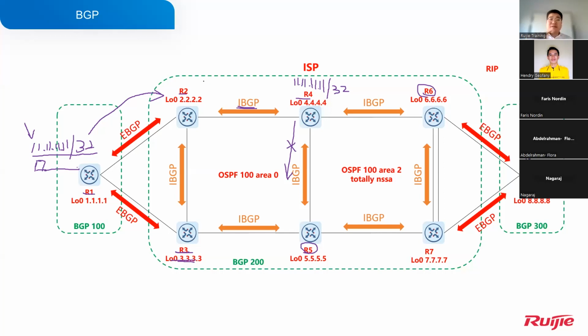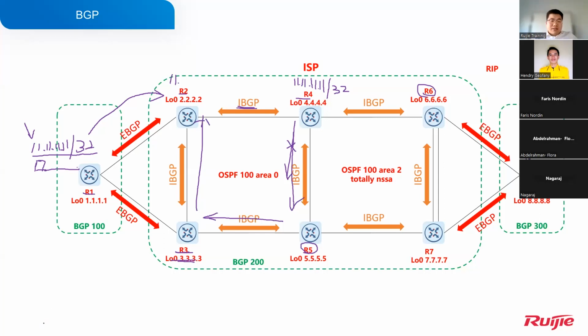It's very easy: the route 11 is forwarded to R4, R4 forwards to R5, R5 forwards to R3, R3 forwards to R2. There is a loop. Yes, it's split horizon, to avoid loops.